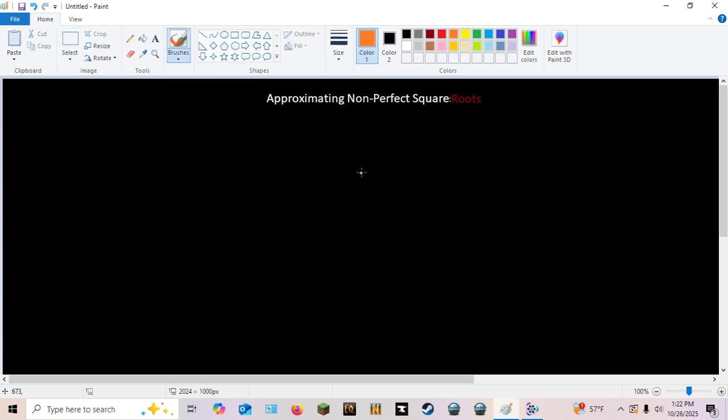Now let's do the square root of 91. Square root of 91 is equal to, find the nearest perfect square under the square root of 91.